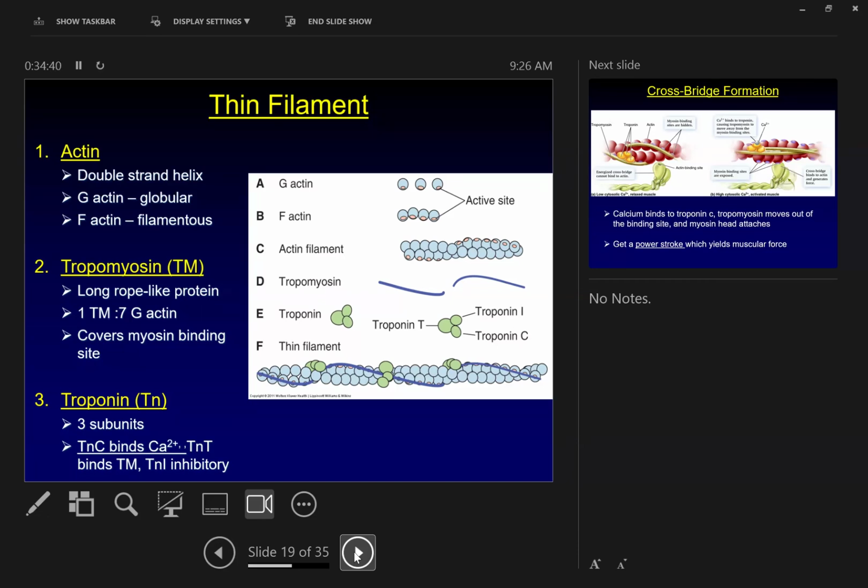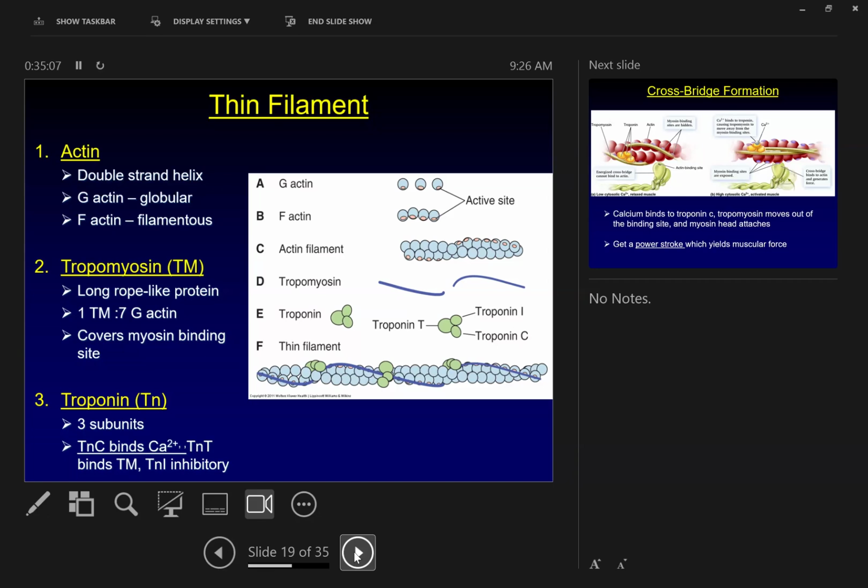All that calcium coming out of the sarcoplasmic reticulum that we talked about on Wednesday is released for a reason, and that reason is to bind to troponin. It binds to troponin, it changes its shape, and it pulls the plug out of the wall. And it opens up the binding site. As soon as the binding site is open, here comes myosin, and it wants to grab onto actin.